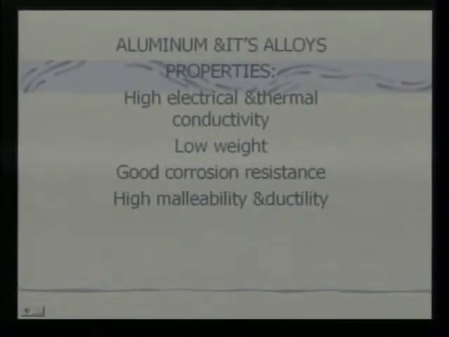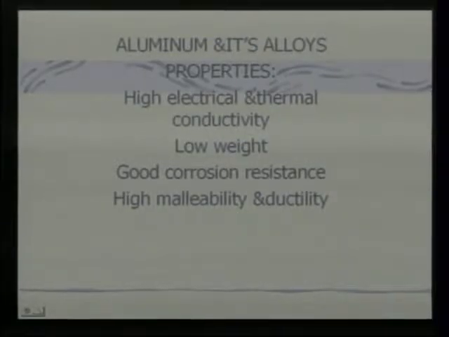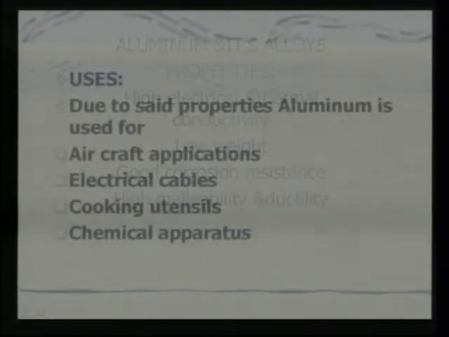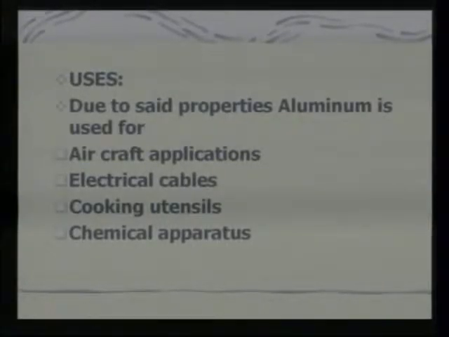Aluminium and its alloys. Properties are like this: high electrical and thermal conductivity. Because of this they are used for making current wires. Low weight, good corrosion resistance, high malleability and ductility. Aluminium is used for the following purposes.